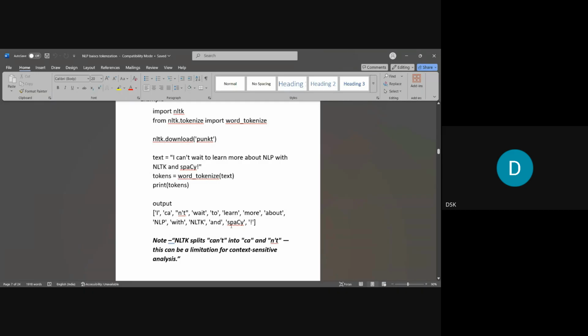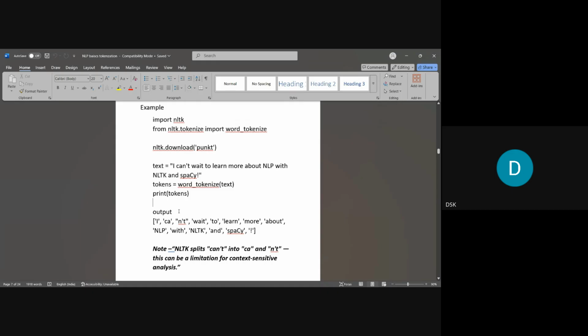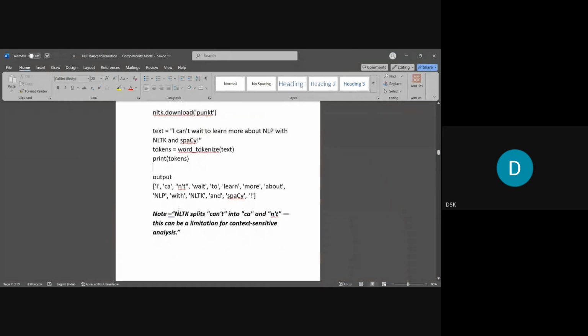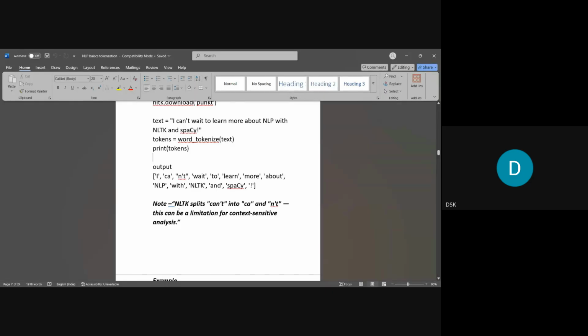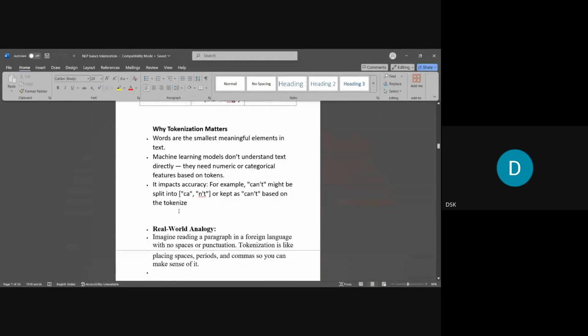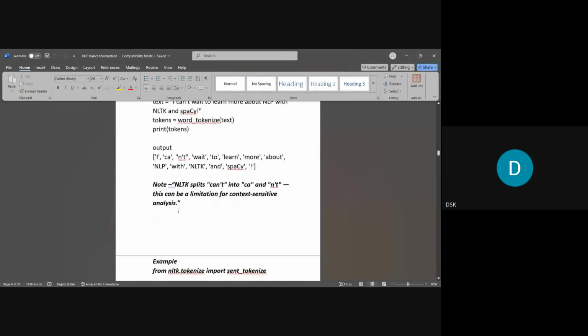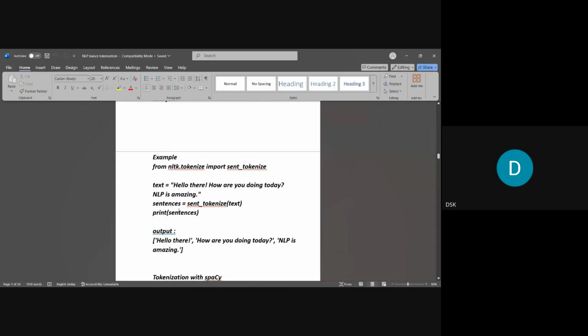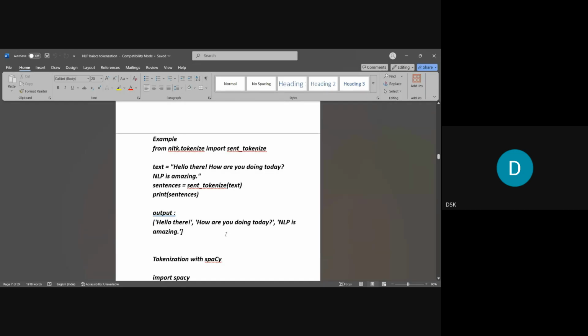Everything is split, but for this one, it cannot be, because there is a limitation to it. For this example, hello there, how are you doing today? NLP is amazing. So as you can see, it is getting split.